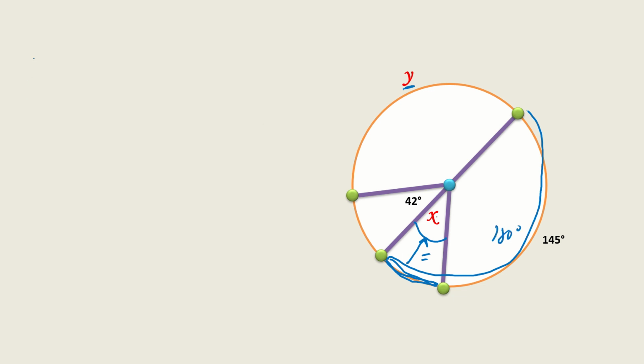I-minus. So we have 180 degrees minus 145 degrees, which is equal to 35 degrees. So we have this arc is 35 degrees. So therefore, since equal yung value nung central angle niya, x is also 35 degrees.